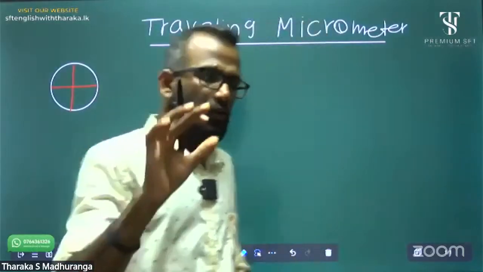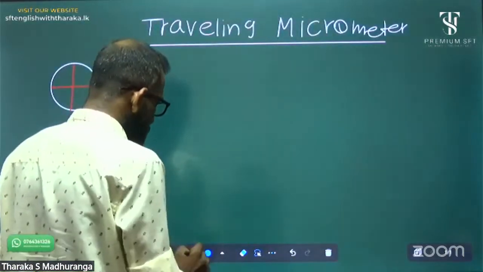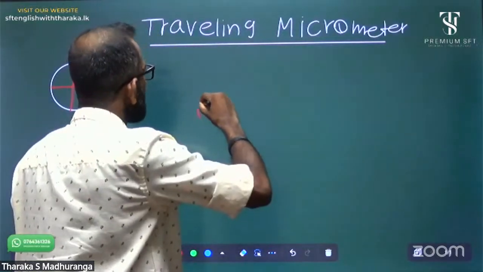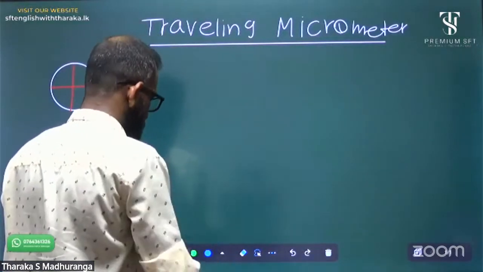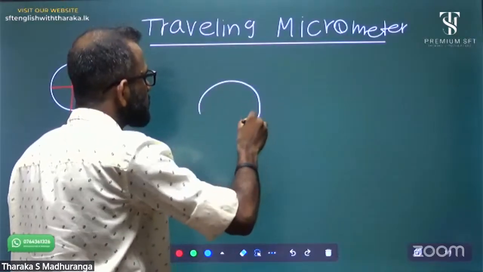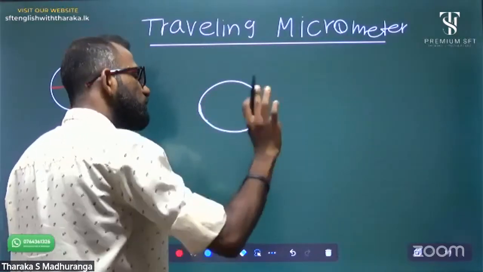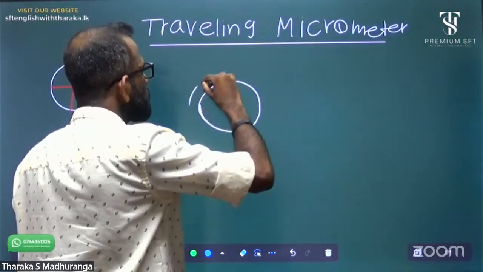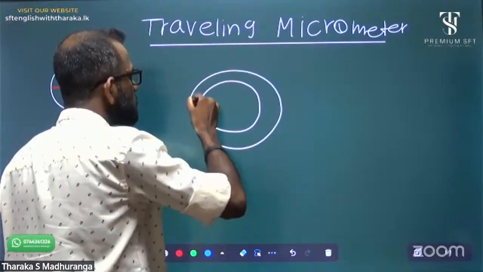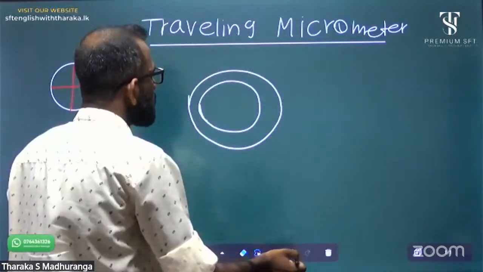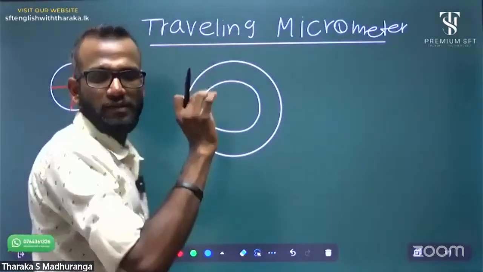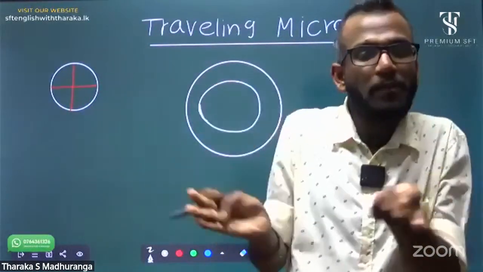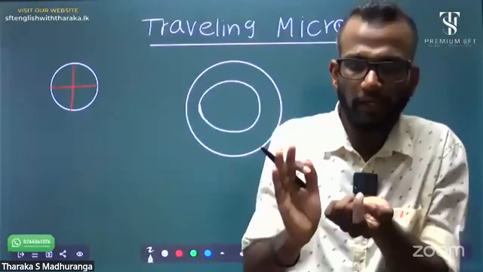Now this is my rubber band. If you observe through this microscope, you can see this rubber band like this with some thickness because it's magnified.